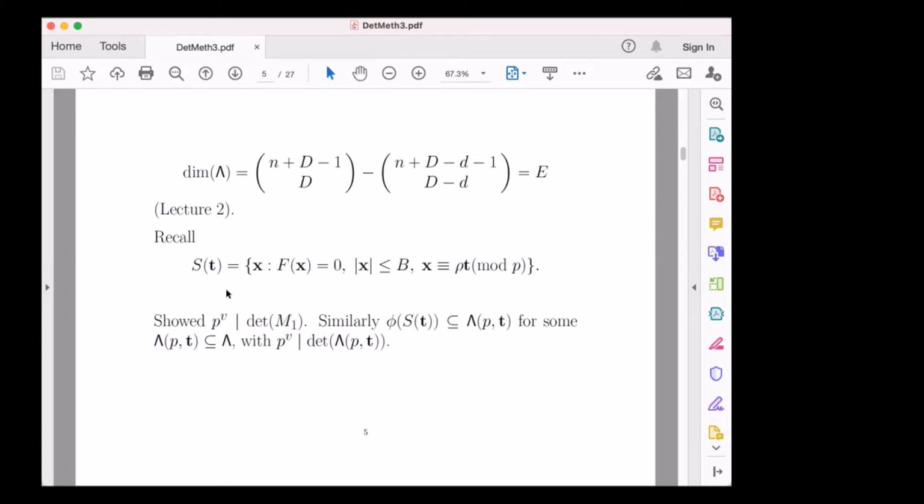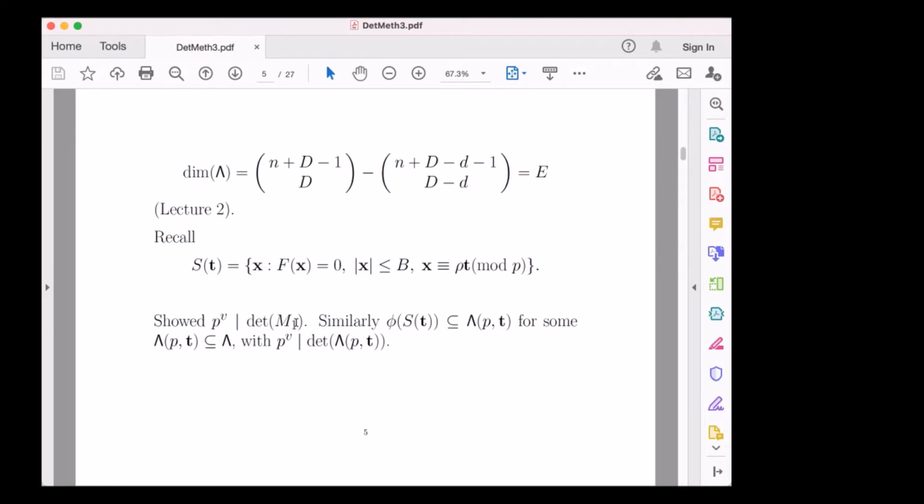Now, you will recall, I hope, from lecture 2 that we had this quantity S_t, this set, which is the set of integer points of height at most B, where x is projectively congruent to a given t. And what we showed was that the determinant of M_1 from lecture 2 is divisible by a large power of p.